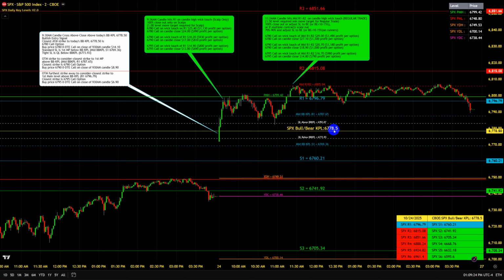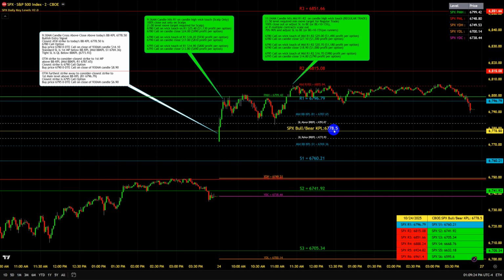If, for example, the bull bear key price level was, say, 67.77 instead, then the 67.75 would be the closest strike. But in this case, it's over the midway point between strikes. For those of you not familiar with how SPX option strikes work, SPX option strikes go in 5-point increments.